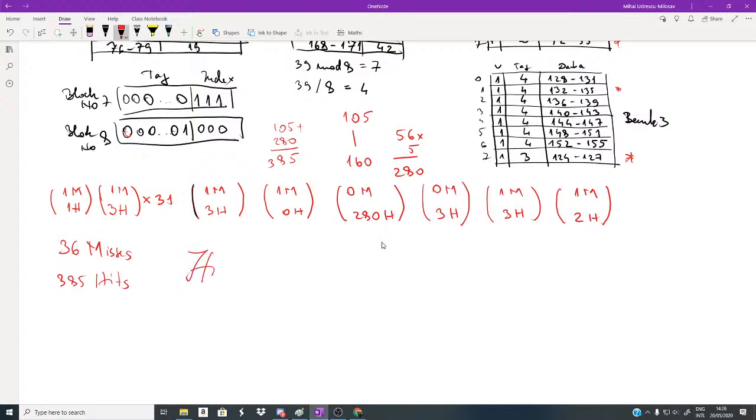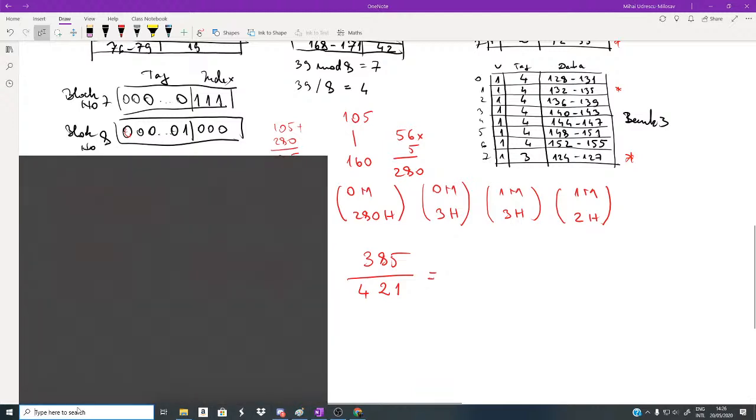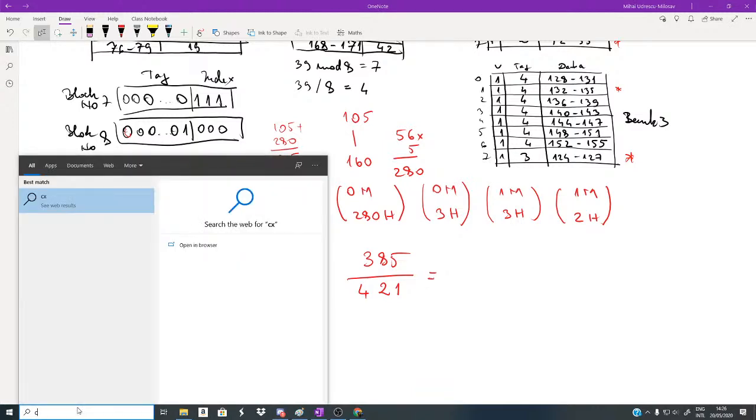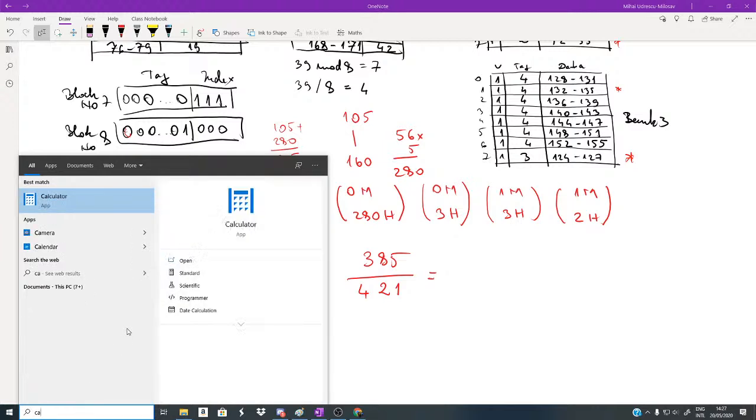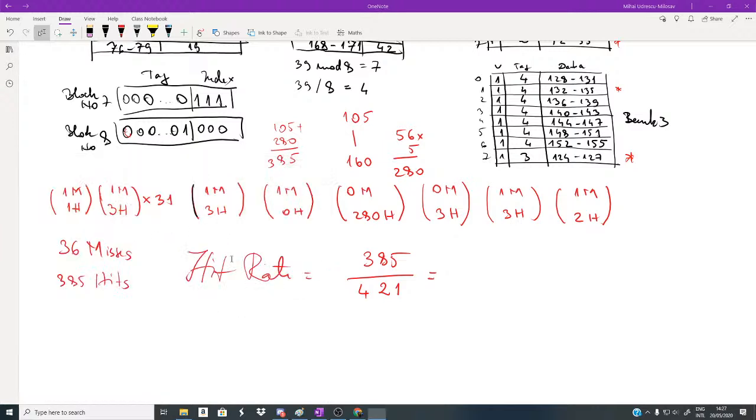So the hit rate, which we are asked to compute, is 385 divided by the number of accesses, which is 36 plus 385, and that is 421. Let's compute this hit rate on the calculator.